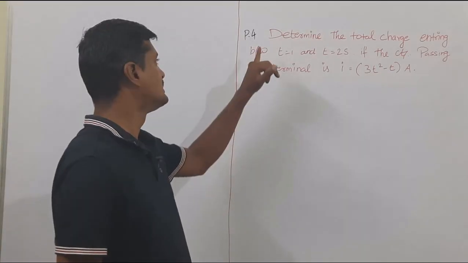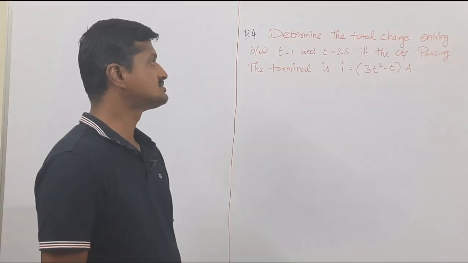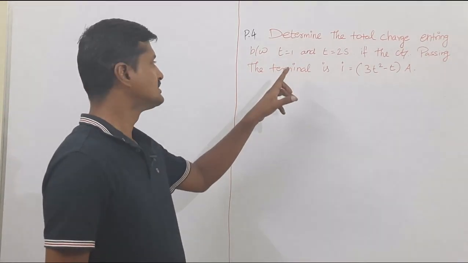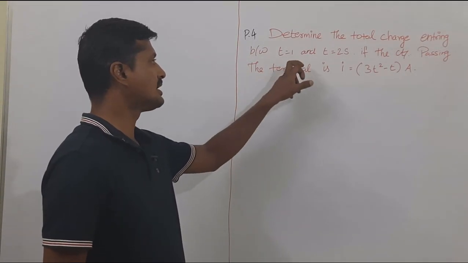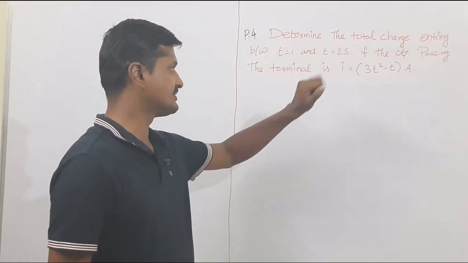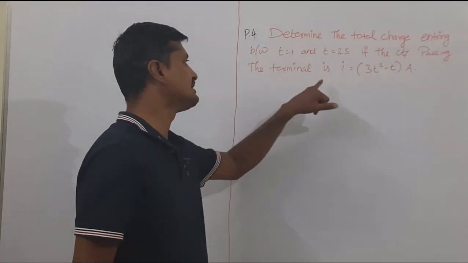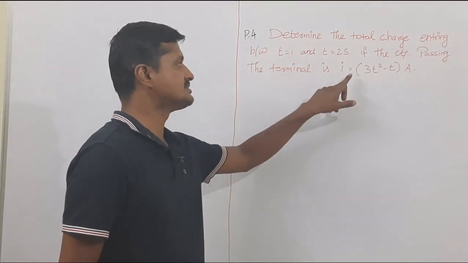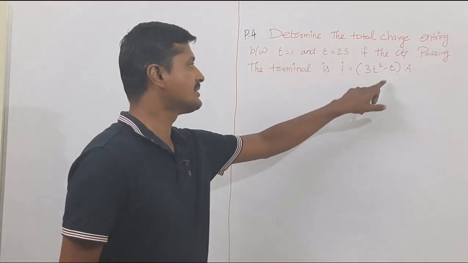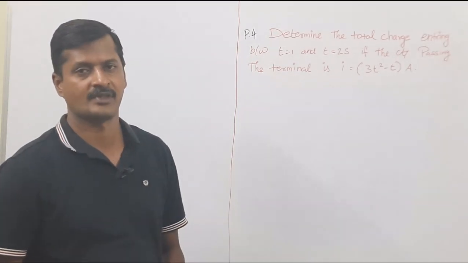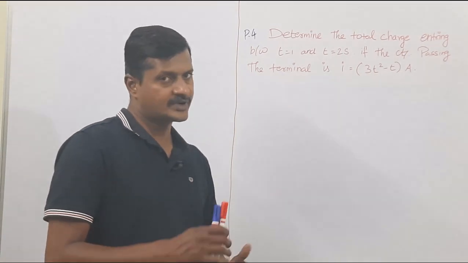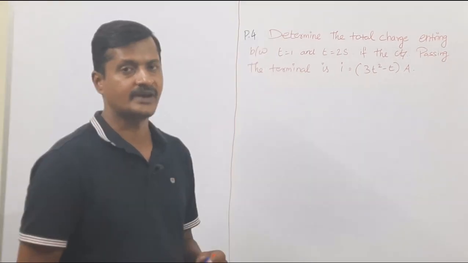Problem number 4. Determine the total charge entering between t equal to 1 and t equal to 2 seconds if the current passing the terminal is I equal to 3t square minus t amps. In the previous problems, the charge was given and we calculated the current.